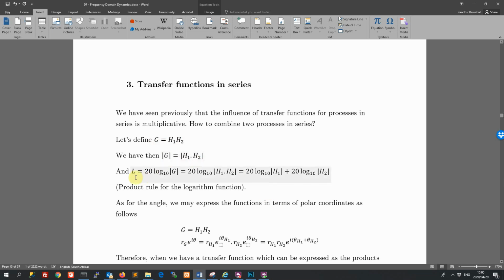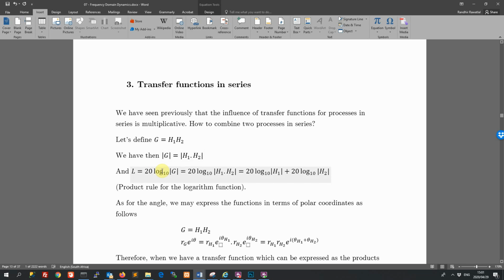And so if we seek the log modulus of the overall transfer function, that's going to be the log modulus of the product of those two functions. And of course, if it's the log of a product, then that becomes the sum of the logs. So the log modulus of the first transfer function plus the log modulus of the second transfer function is the log modulus of the overall process.